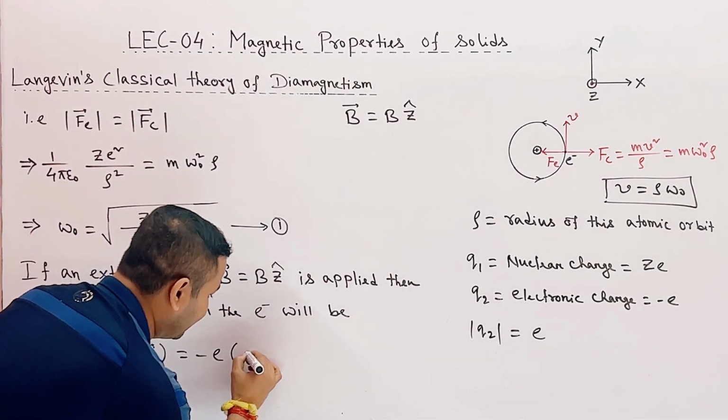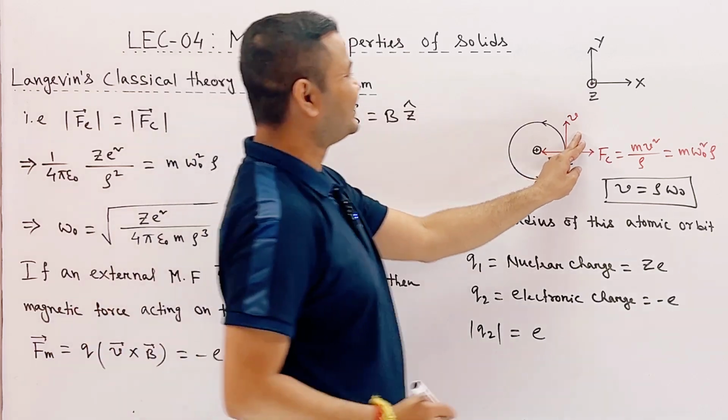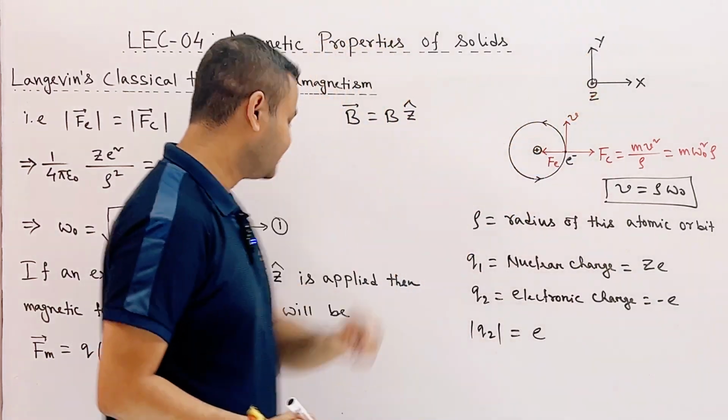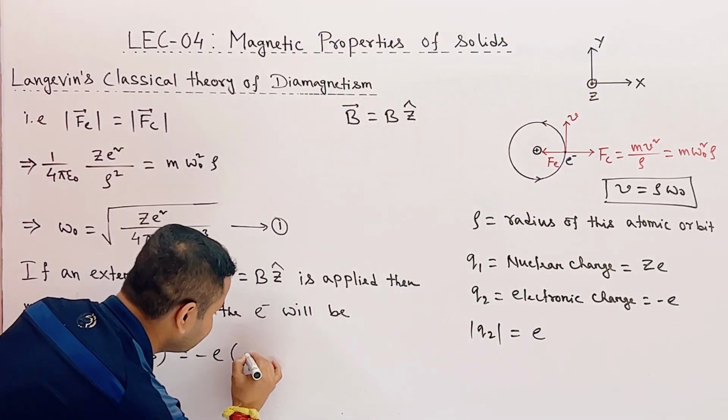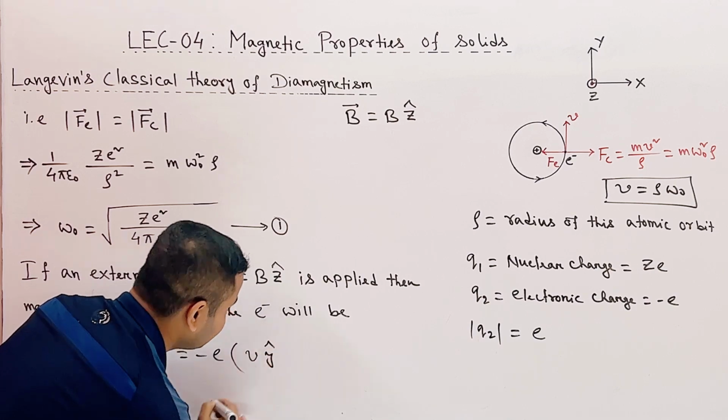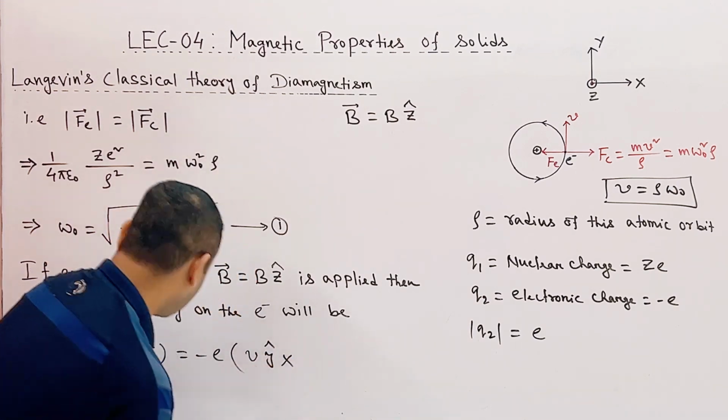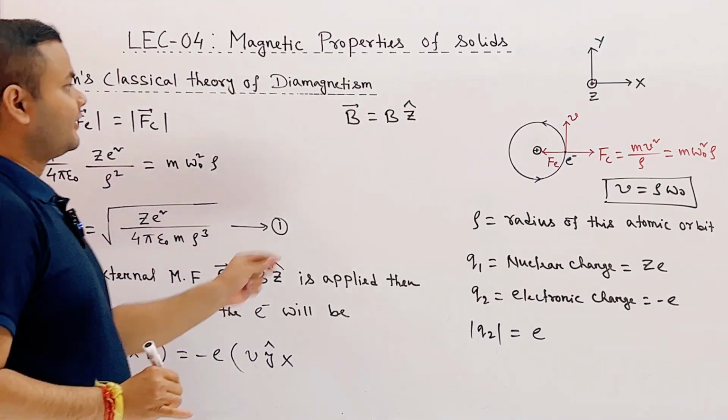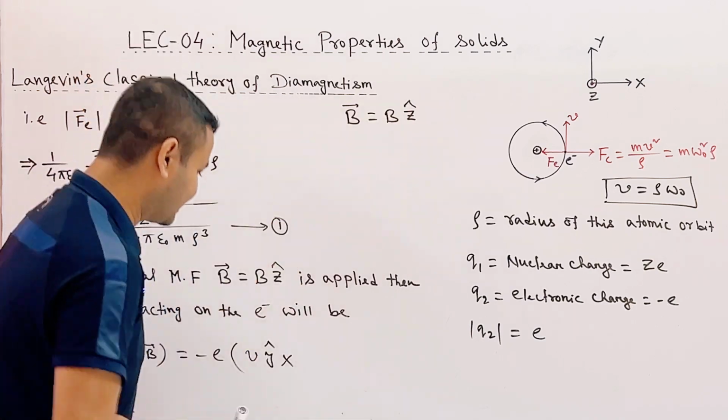Velocity vector magnitude is V and it is along the y direction. So this can be written as V into y cap cross B vector. B vector is B into z cap.